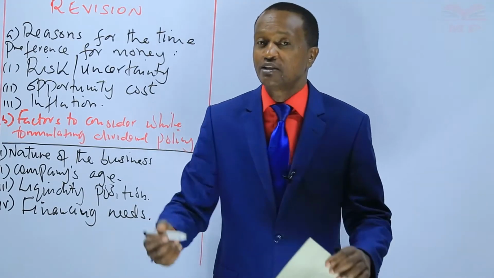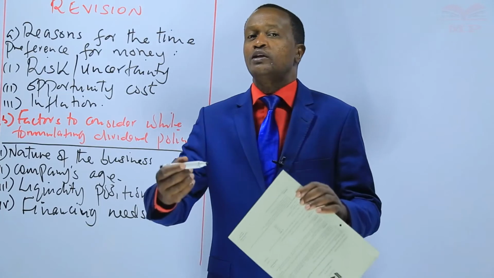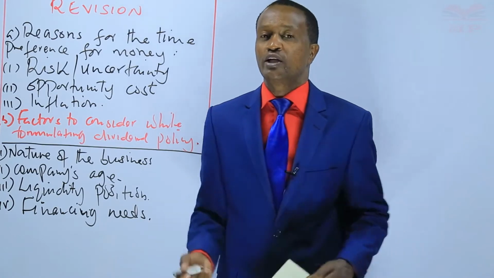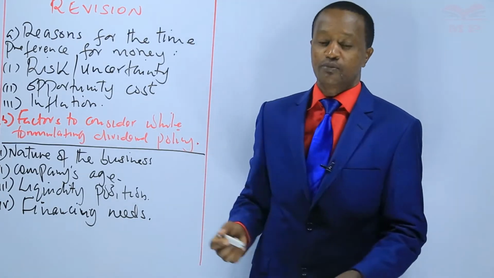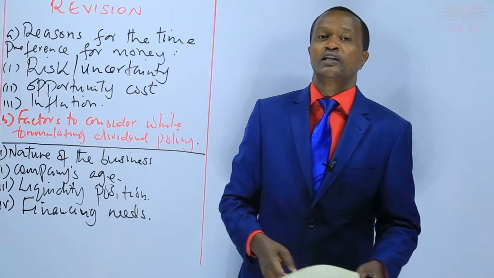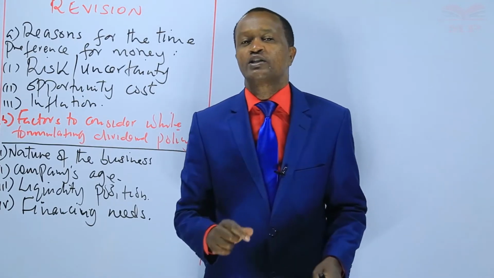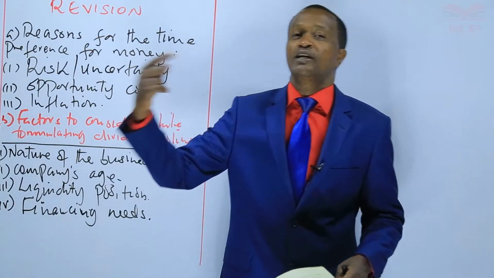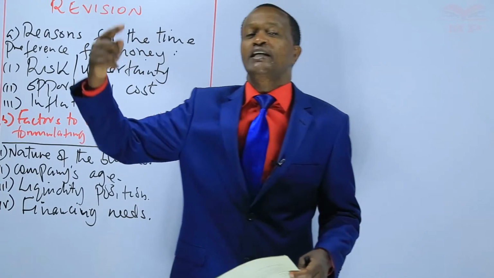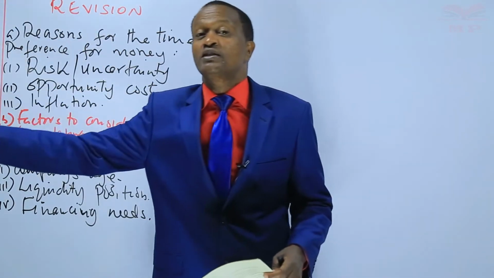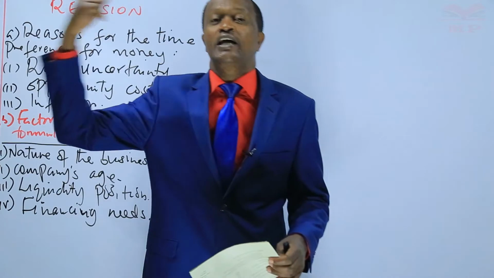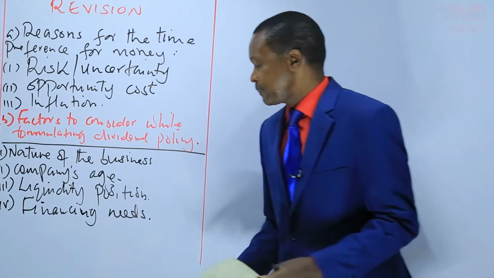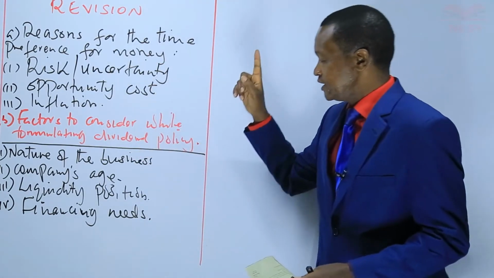Because remember, management is appointed to help increase shareholders' wealth. So if the shareholders have paid money in form of capital, and you know that the company does not have opportunities to increase their wealth, then you'd rather give them their money in form of dividends, because they can reinvest that money elsewhere. So the company's financing needs is also a factor to consider when formulating a dividend policy.